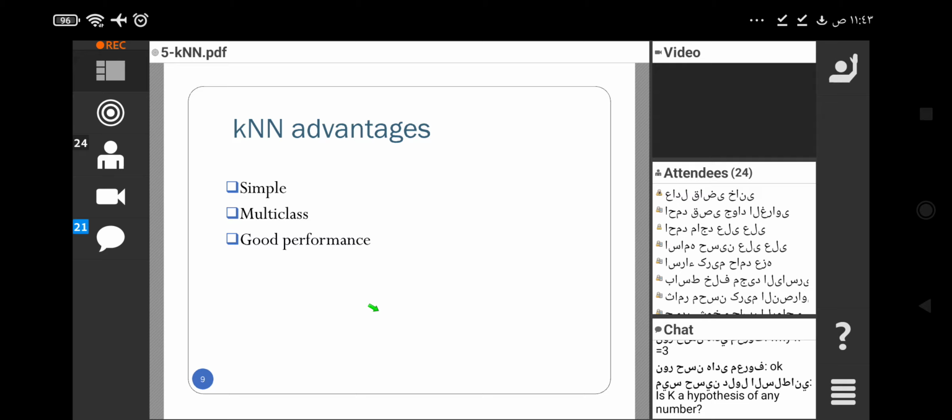The minimum number of classes is 2. Higher than that is multi-class.